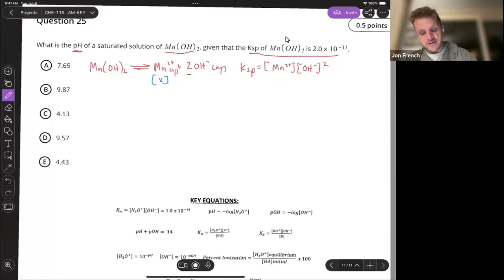So manganese is x, hydroxide is 2x. So we'll plug into our Ksp: 2 times 10 to the minus 13 equals my concentration of manganese times my concentration of hydroxide. All right, so we are in the 4x cubed pathway.